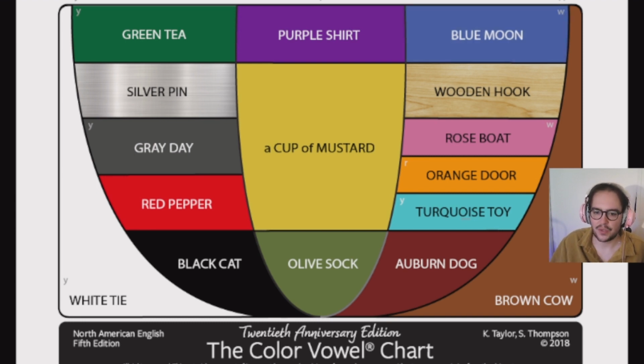Green, with green tea, it represents the high front vowel, E, E. Olive at the bottom, olive, represents the low central vowel, olive. Blue, blue, blue is the high back vowel.